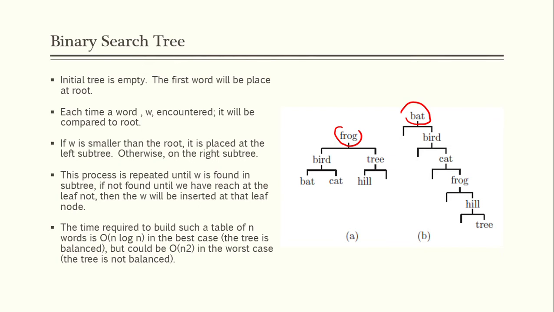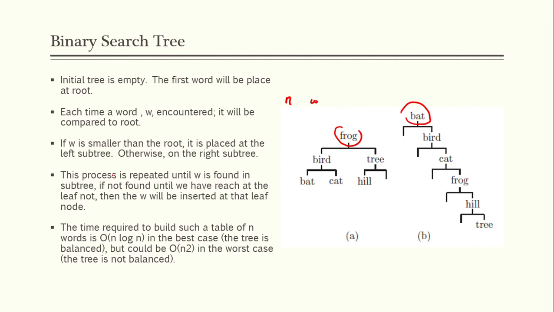So how are we going to insert a word in this tree? Each time a word, we say W, is encountered, it will be compared to the root, which in this case is frog, in this case is bat.